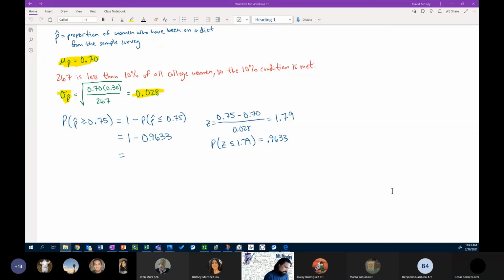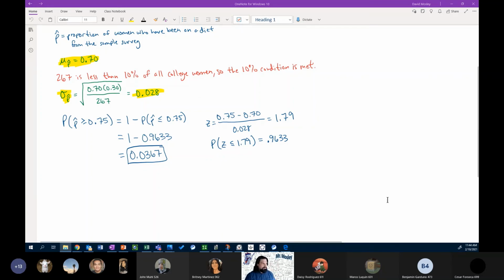We get 0.0367. That is the probability that p hat is greater than or equal to 0.75. Again, I'm using the complement rule because table A only gives me less than or equal to. It does not give me greater than or equal to. So we use the complement rule.